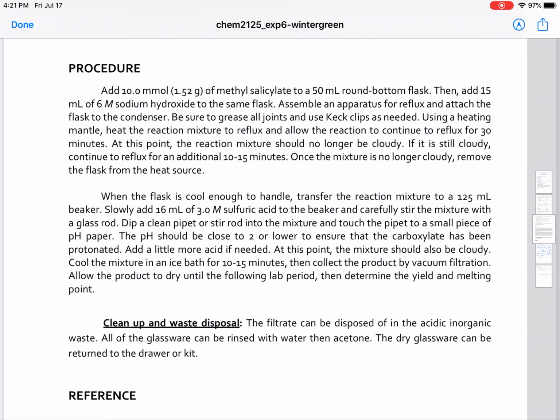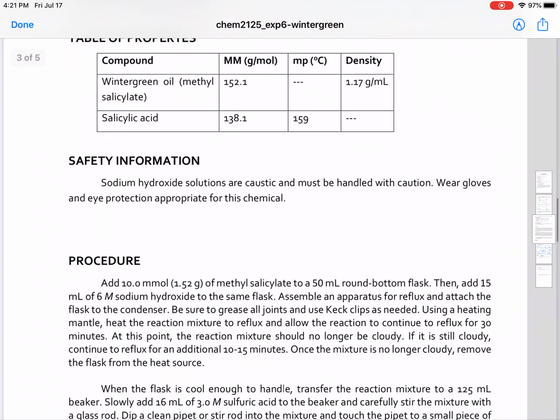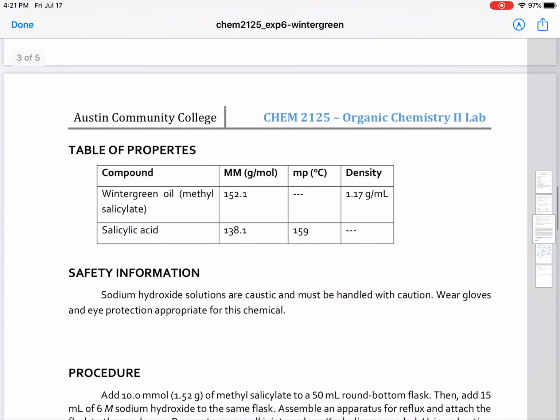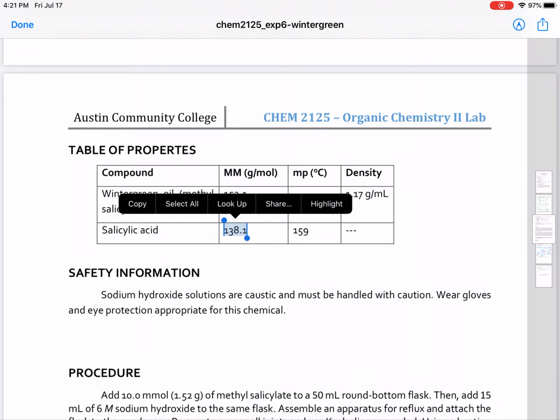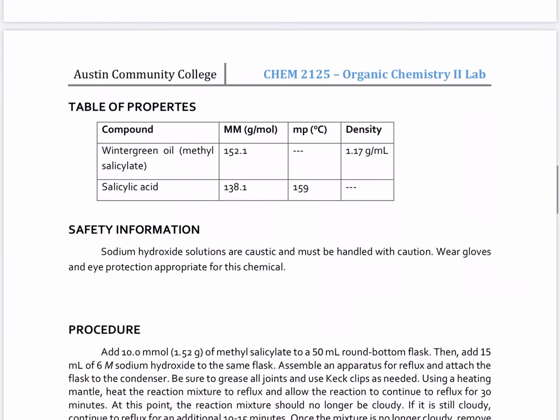So since the reaction ratio is 1:1, then the salicylic acid also you will be making 10 millimoles. And then you can convert this 10 millimoles of salicylic acid into the mass by using the molar mass of salicylic acid. We talked about how to convert the millimoles to moles and then to the mass using the molar mass. So you can do that, and that's going to be your theoretical yield.